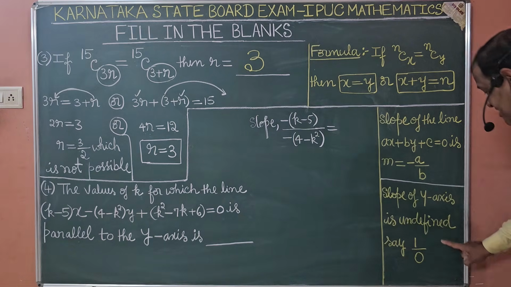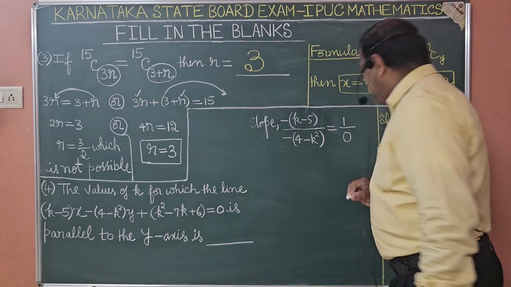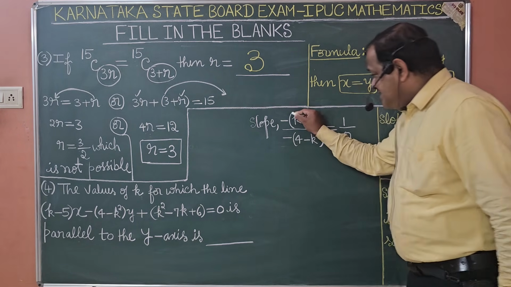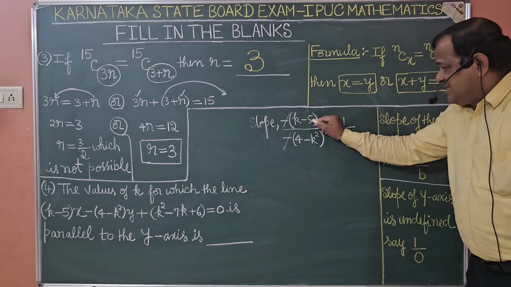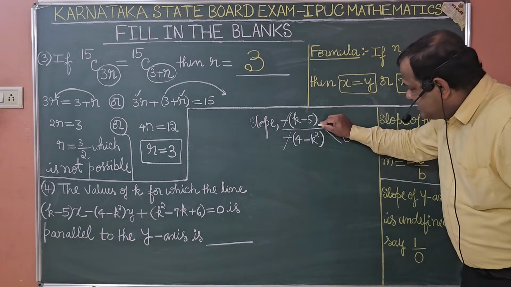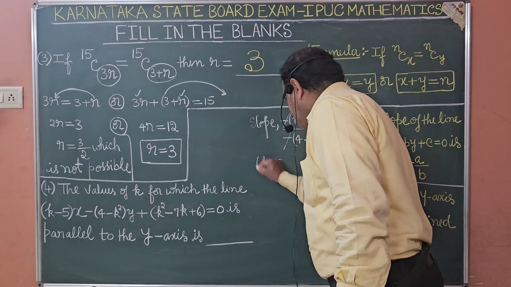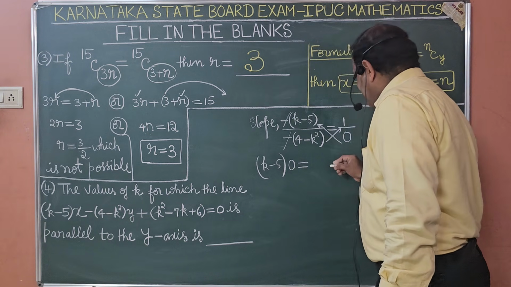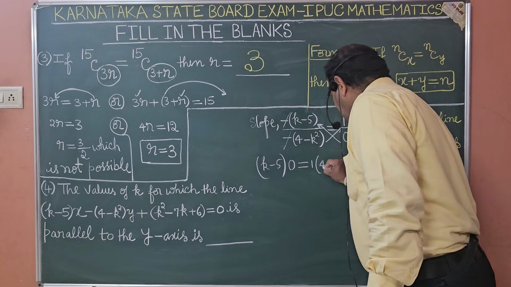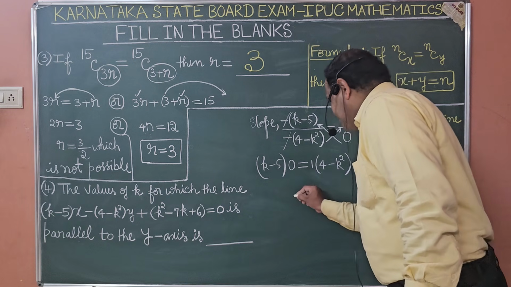Slope of the y-axis I will write 1 by 0. Now minus gets cancelled and I will cross multiply. k minus 5 into 0 is equal to 1 into 4 minus k square. Therefore, this is 0 itself.